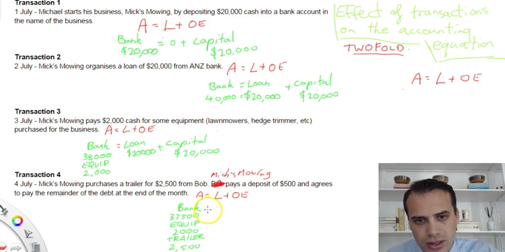Now, the other thing that's changed are our liabilities. We have a loan valued at $20,000. Okay, and the other thing that we have is a liability to Bob. We now owe Bob $2,000.